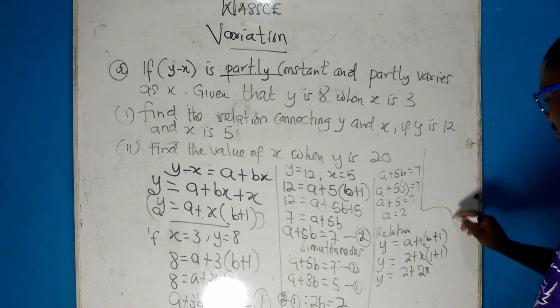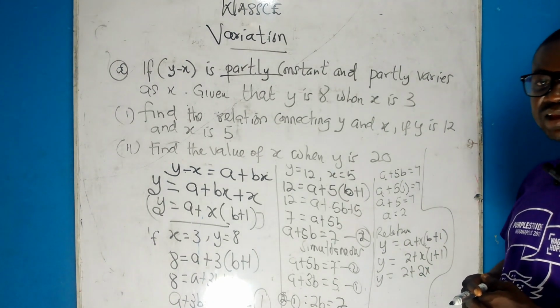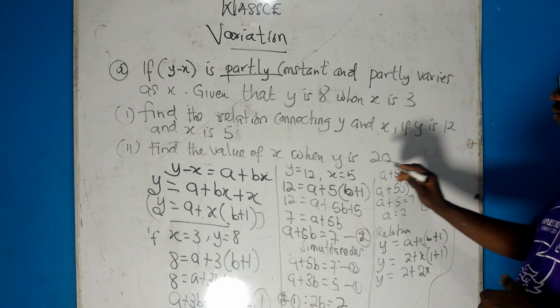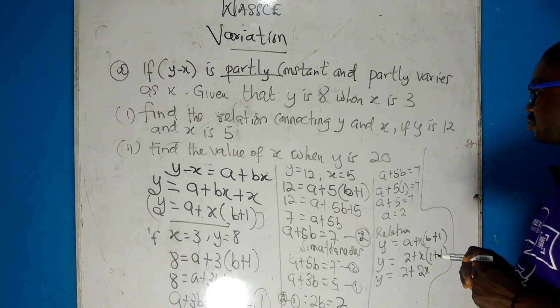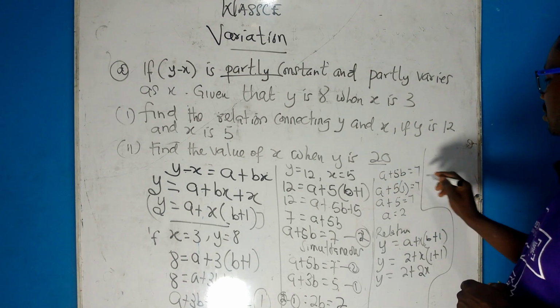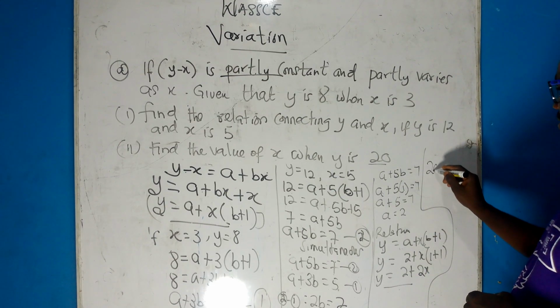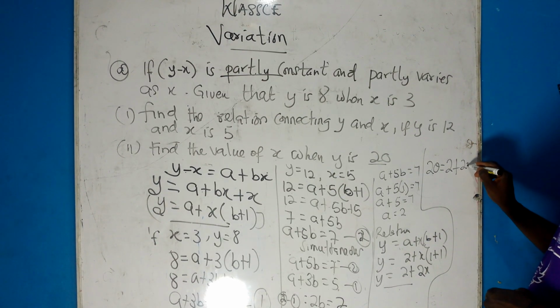Now we are supposed to find the value of x when y is equal to 20. So let's substitute 20 into this expression. So 20 is equal to 2 plus 2x.